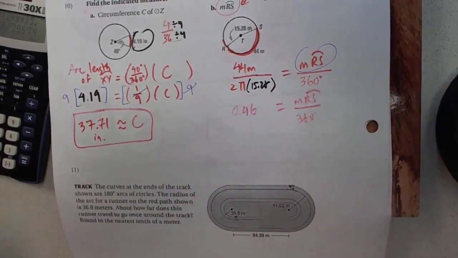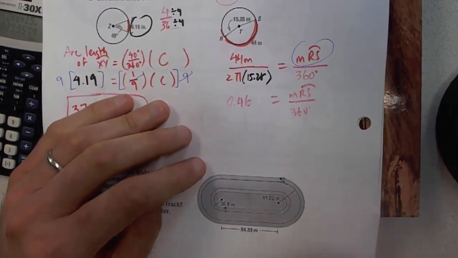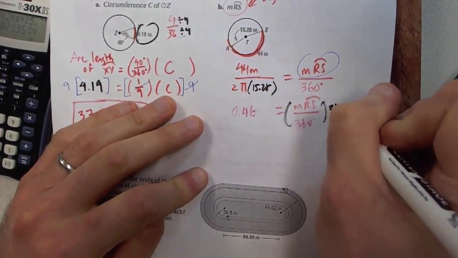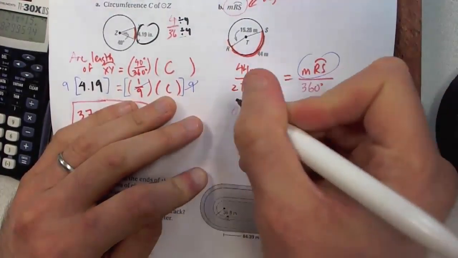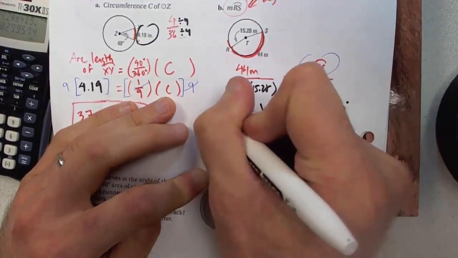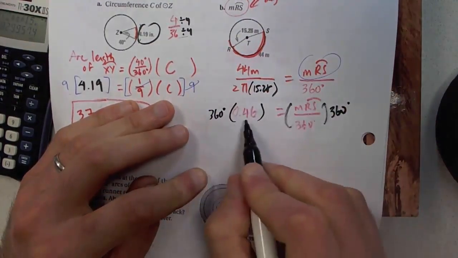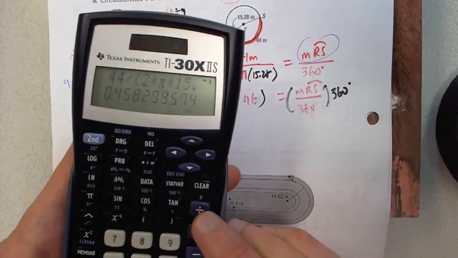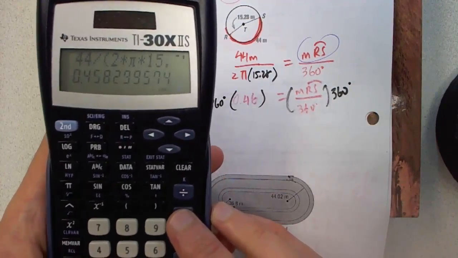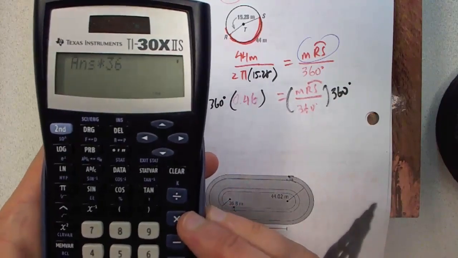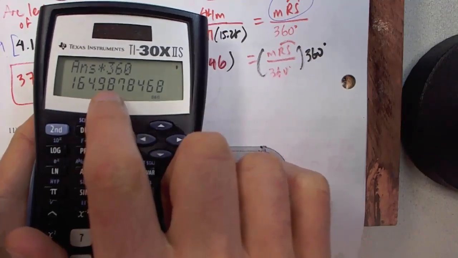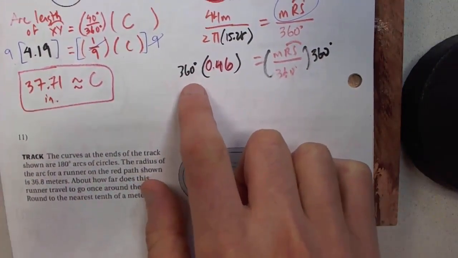Okay, I'm switching pens. So basically, I just multiply by 360. Right, we're just saying what fraction, or 46% of 360 is going to be how many degrees. So I'm just going to keep this in my calculator, keep it more accurate. We'll multiply by 360 degrees, and I get 164.99.